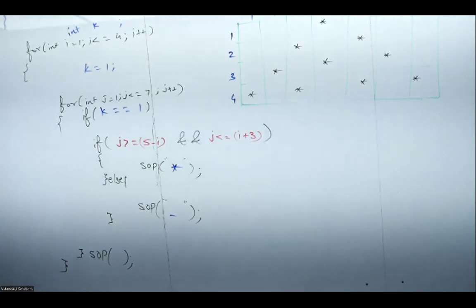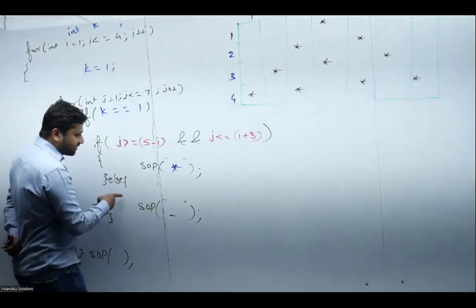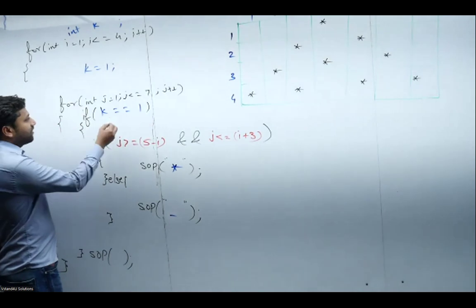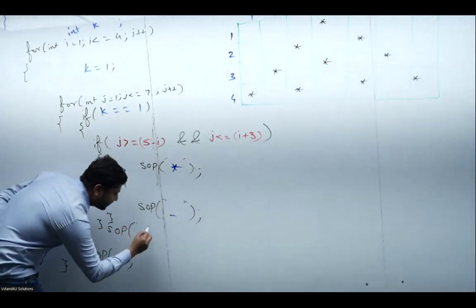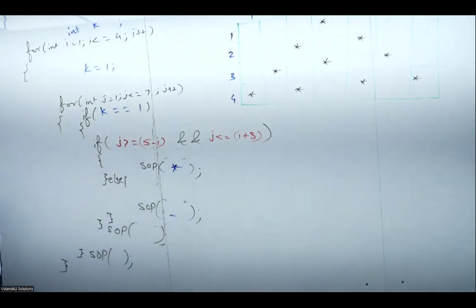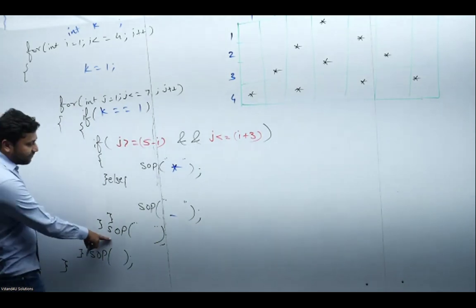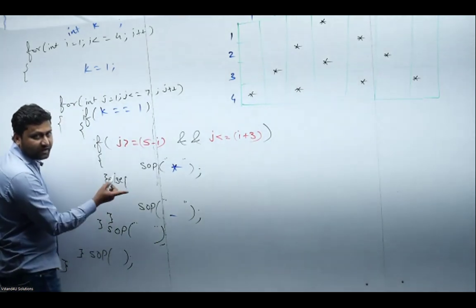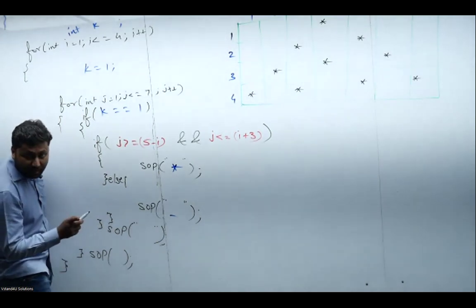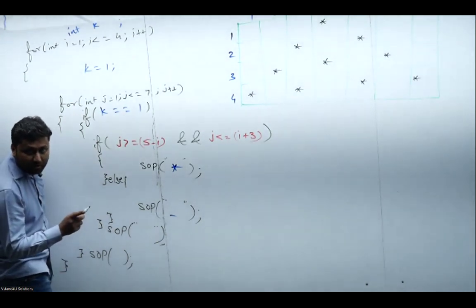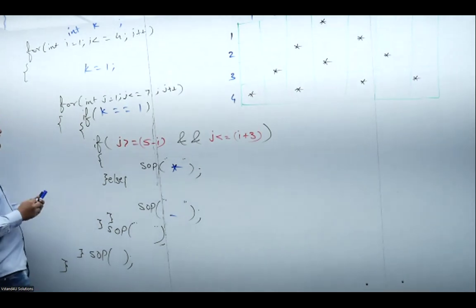Then I should continue this part. If k is not 1, then I should say what? SOP of... Are you getting my point? Everybody, am I clear? If I'm printing space, ensure to make k 0 back. Pakka? Are guys, yes or no?